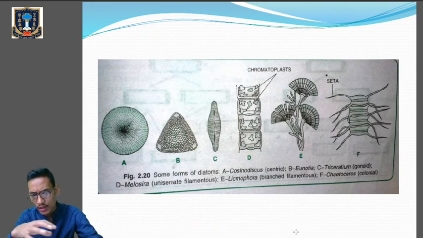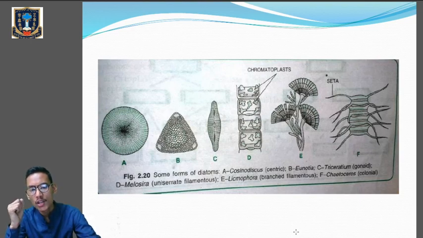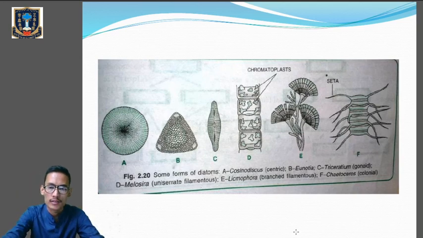Out of these examples A, B, C, D and F, you have to remember at least two examples, such as Melosira or Tricharidium. Clear? At least remember two examples of chrysophytes.